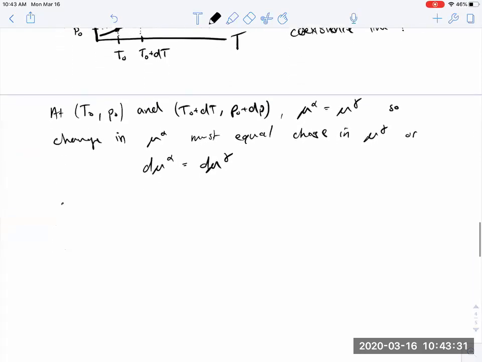Now again, from Gibbs-Duhem, we have that the change in the chemical potential is equal to minus S over N dT plus V over N dP. That's true for both phases.